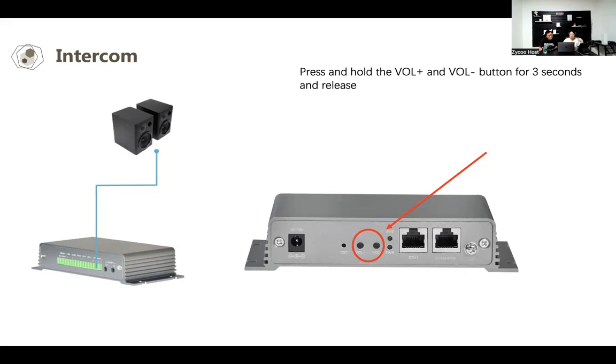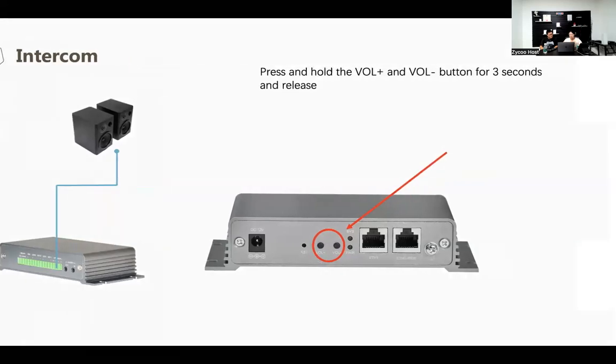Then on the back of the X10, we have 2 buttons, the volume plus and the volume minus. Press these 2 buttons at the same time, hold for 3 seconds, and then release. The X10 will announce the IP address. So that is pretty much the methods to get the device IP address.